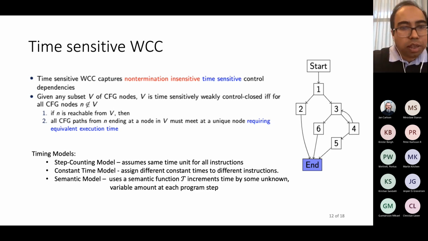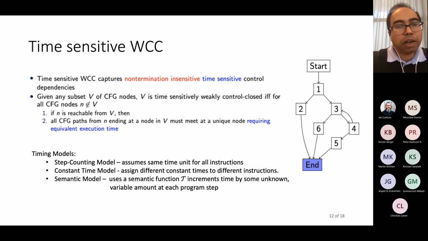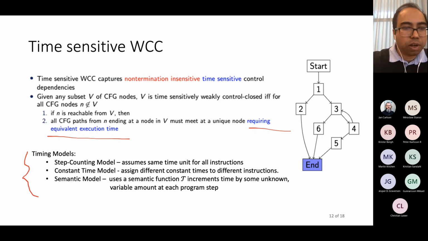This definition is very similar to what we have seen before, the weak control closure, but we need one extra condition which says that all control flow graph nodes from N must end at a unique node in V. But now we also require equivalent execution time, and equivalent execution time must be according to some timing model, which I will omit now due to time limitations.